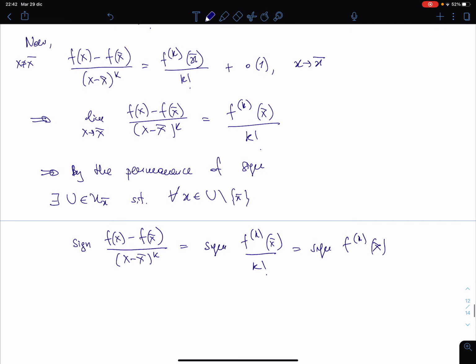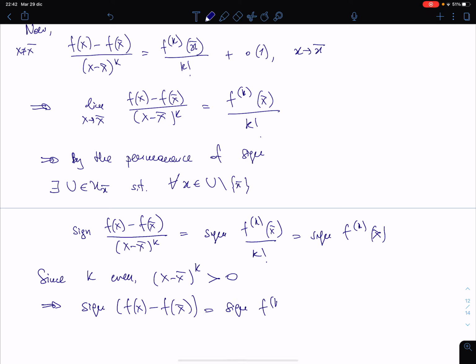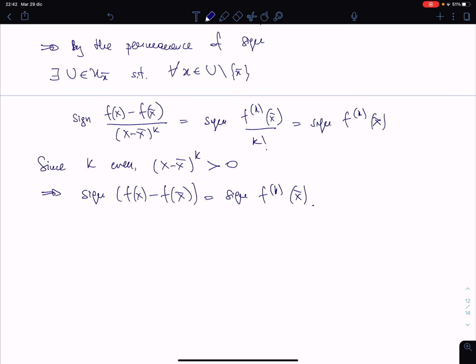Now remember that since k is even, we have that (x minus x bar) to the power k has a positive sign. Then the sign of f(x) minus f(x bar) is equal to the sign of f^(k) of x bar. And now there are the two cases.